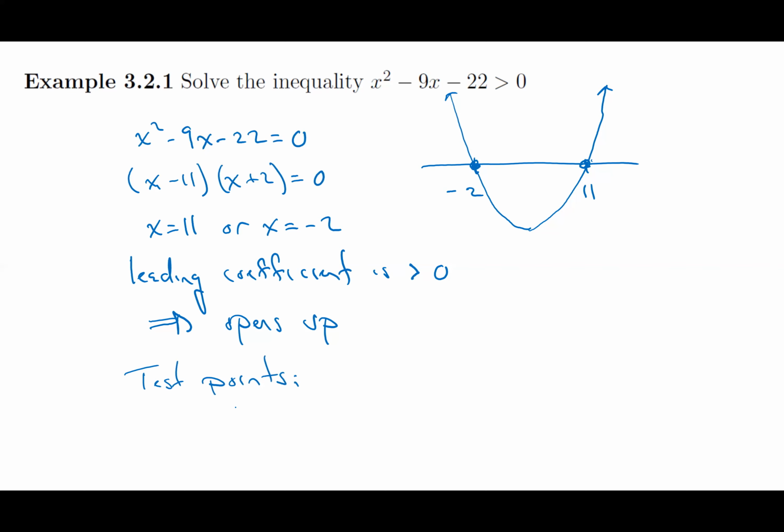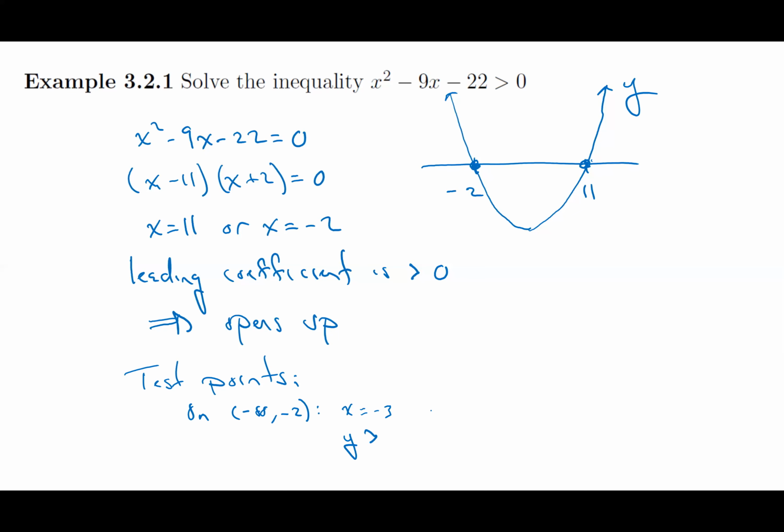So on negative infinity to negative 2, pick a value. Let's say x equals negative 3. If x is equal to negative 3, plug it in and you're going to get 9 plus 27 minus 22. It's going to be positive.